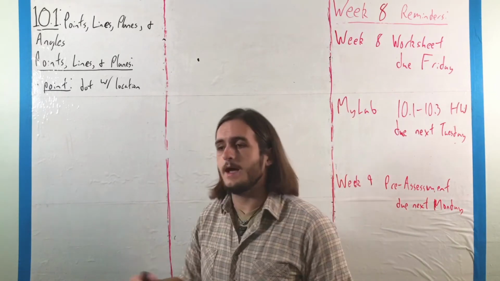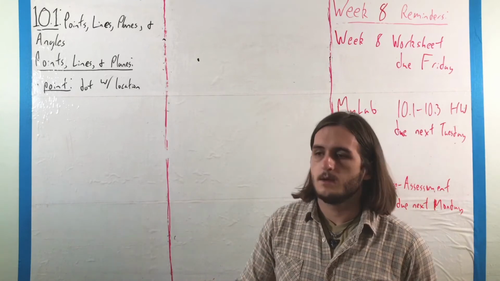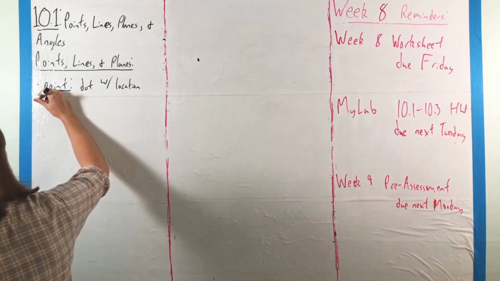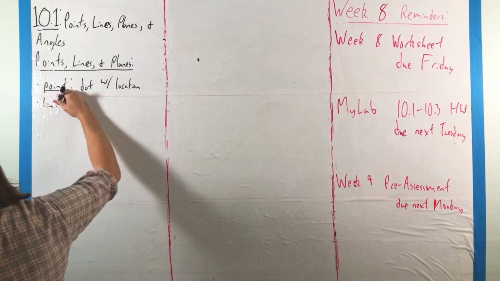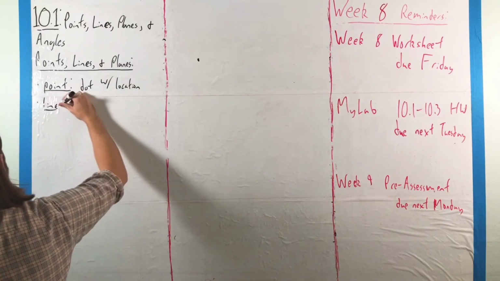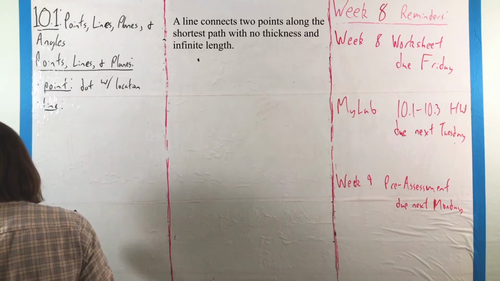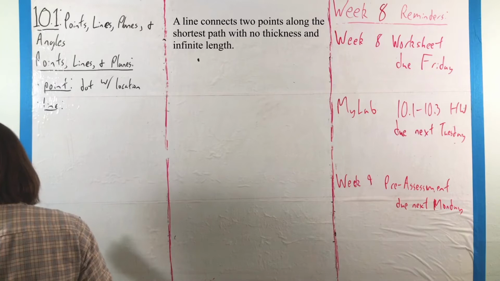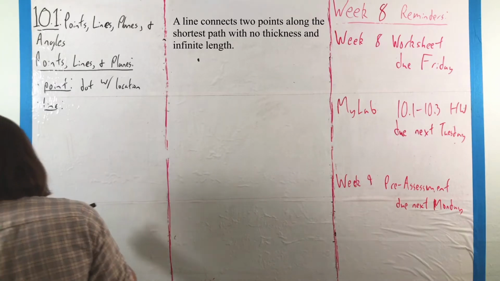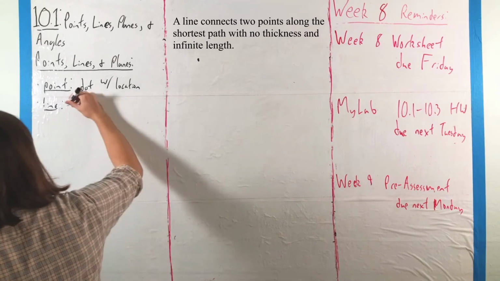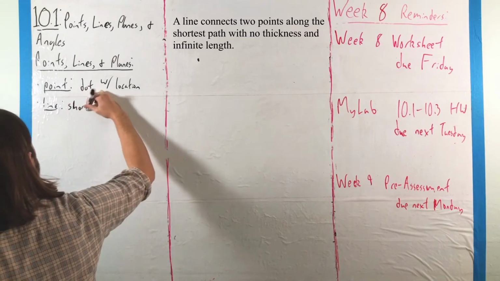Next, if we want to talk about adding more detail, adding more possibilities, more things we can do, we can connect our points by looking at lines, where for a line, what we're looking at is the shortest path between points.